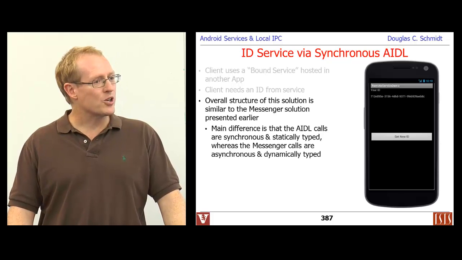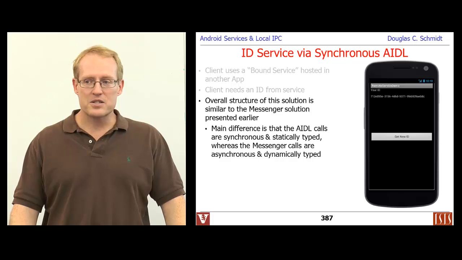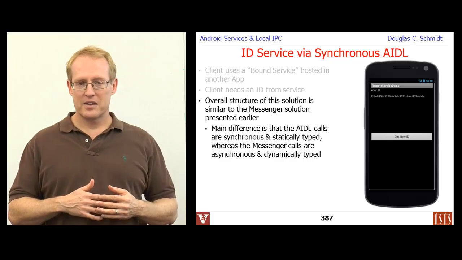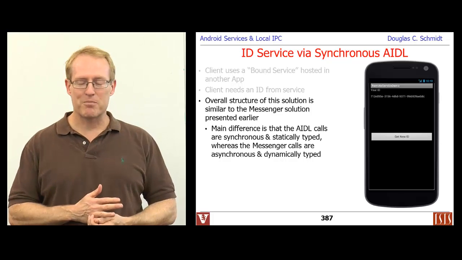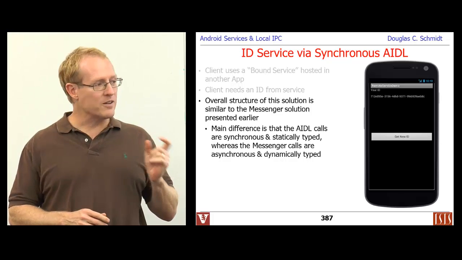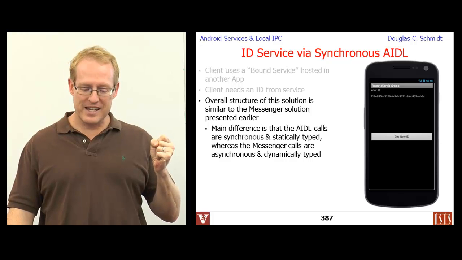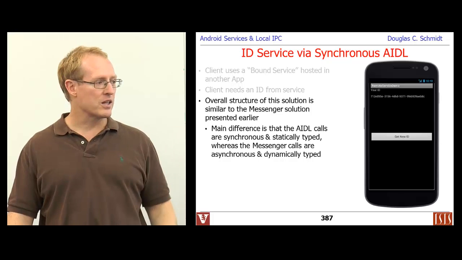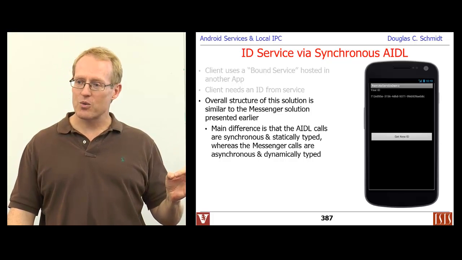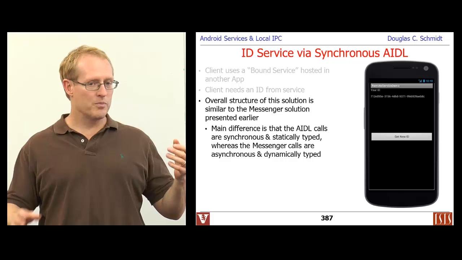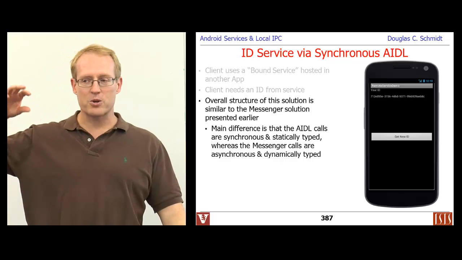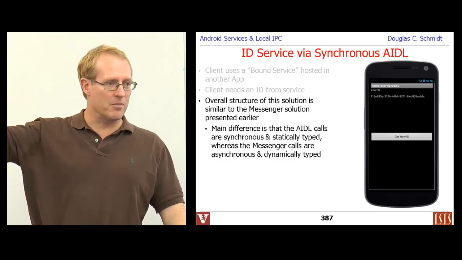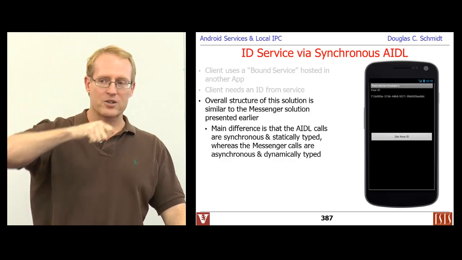The overall structure of our solution here is somewhat reminiscent of the messenger example we looked at before, especially the two-way messenger example. The main difference here is that in AIDL, the calls we're going to look at are done synchronously. If you recall, with the messenger, the onBind method on the service side created a binder object and returned it back to the client.